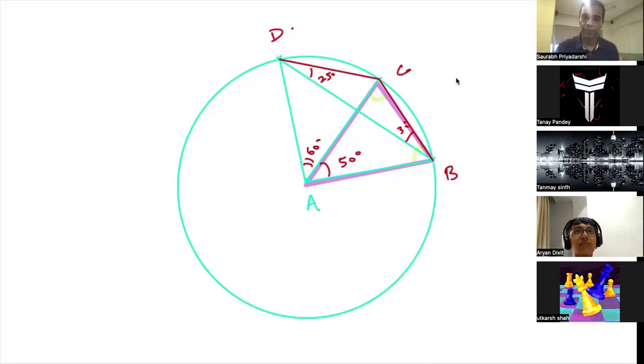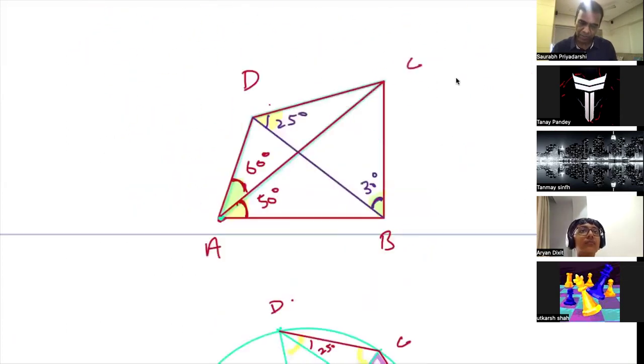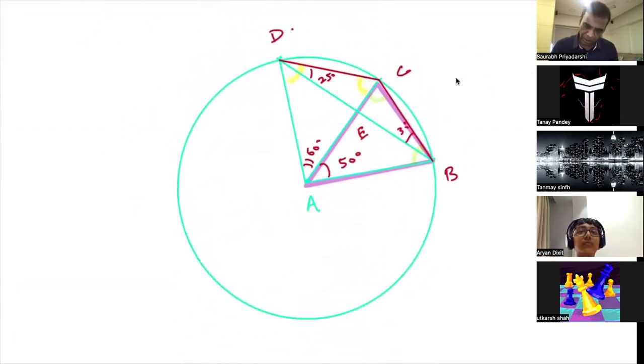And this angle is 60 degrees, so I'm able to find these two angles. And this is the point E. AC and BD intersect at E, and what I have to find is AEB, this angle.